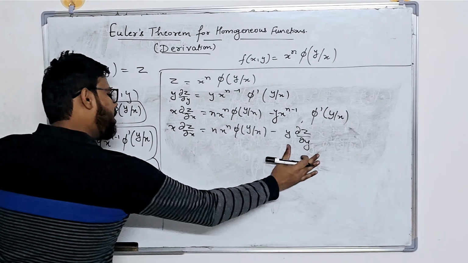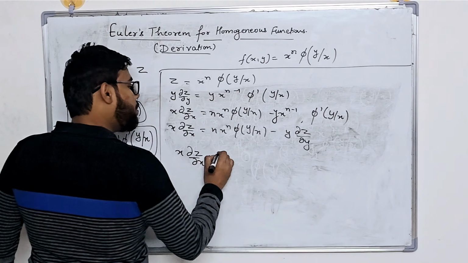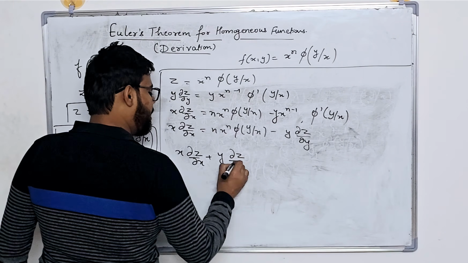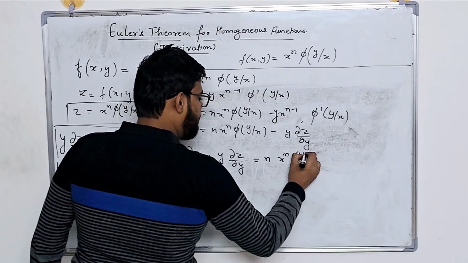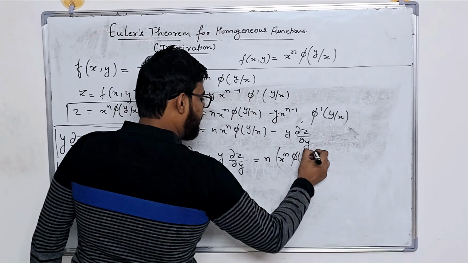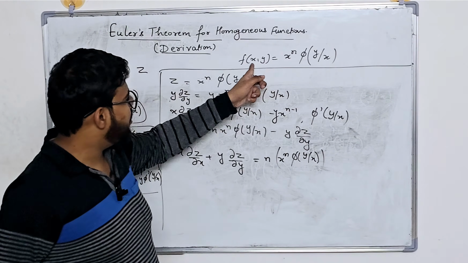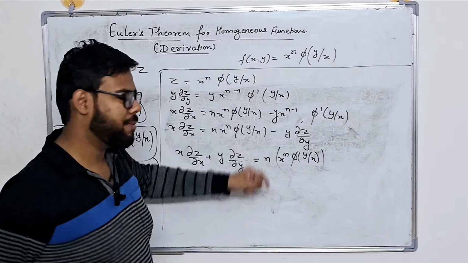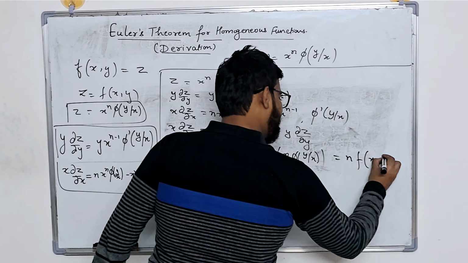So you bring this over here, you get x del z by del x plus y del z by del y is equal to n x to the power n phi of y by x. And notice that x to the power n into phi of y by x is equal to f of x comma y. So you get n f of x comma y.